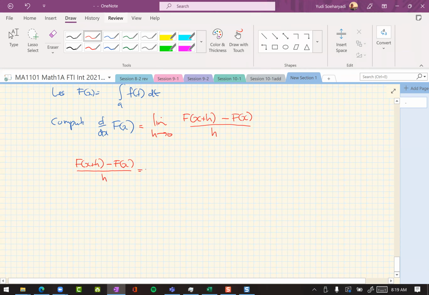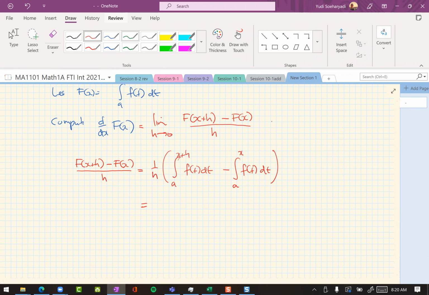Over h, that is 1 over h times the integral from a to x plus h of f(t) dt minus the integral from a to x.